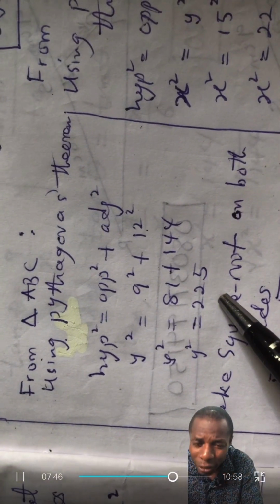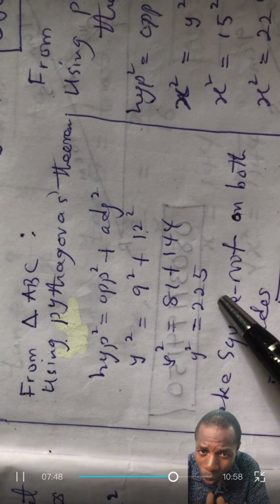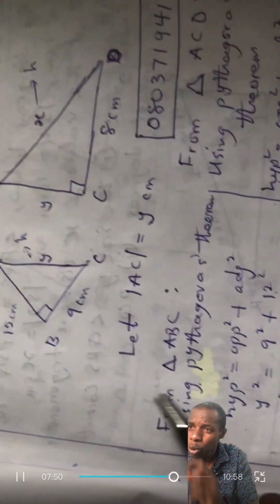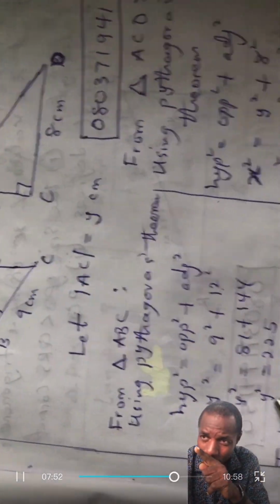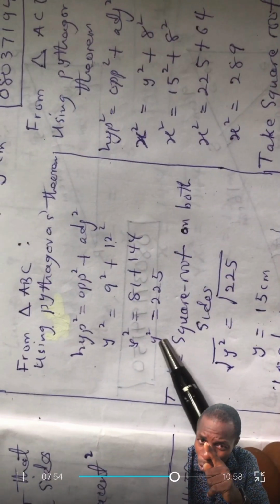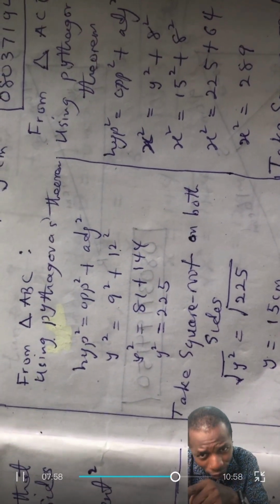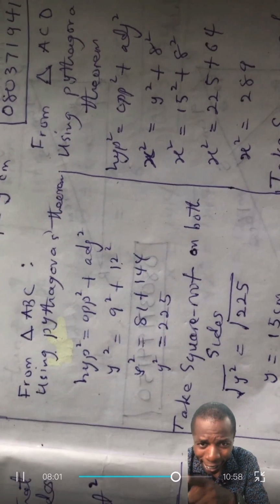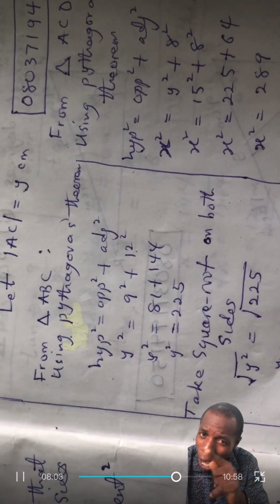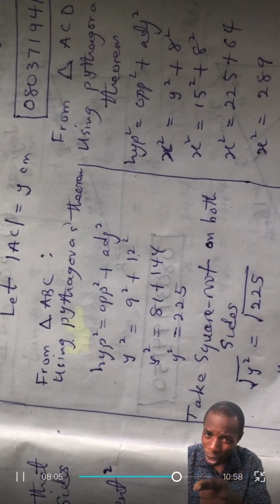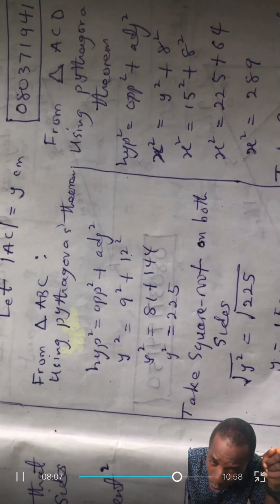Now, if you are going to find the value of y, because from the diagram what you have is y and not y square, you have to remove that square. To remove square, you need square root. Square root cancels square, and square cancels square root. So if you have square and you want to cancel it, you introduce square root.